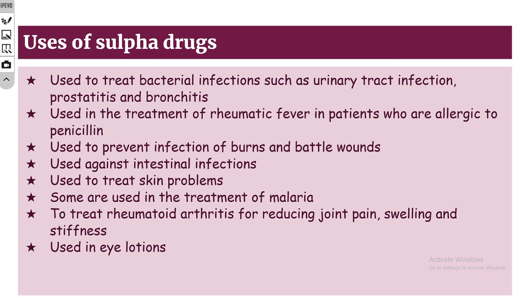Then some sulfur drugs are used to treat skin problems. For example, sulfapyridine is used to help control dermatitis herpetiformis, which is a skin disease. Then some sulfur drugs, for example sulfadoxine, are used in the treatment of certain forms of malaria.